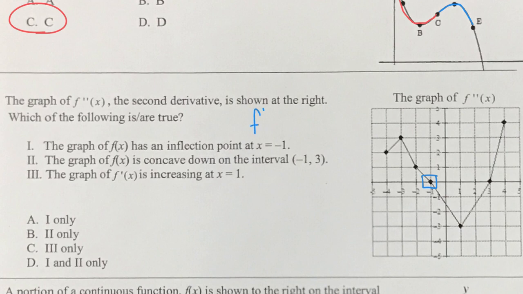Yes, so the second derivative at -1 is equal to 0. Is that how we get a point of inflection? Yes, it is. So that one is true.